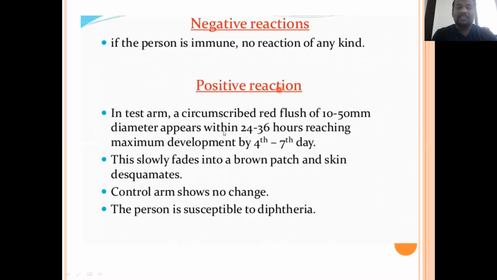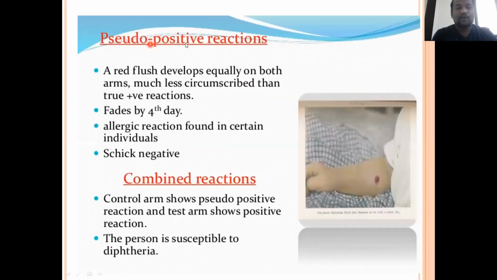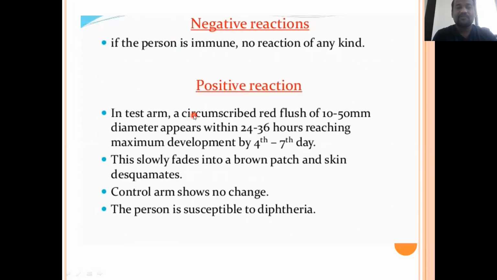After injecting the toxin as well as the control, there are some reactions. There may be negative reactions, positive reactions, pseudo-positive reactions, or combined reactions observed in the arms.